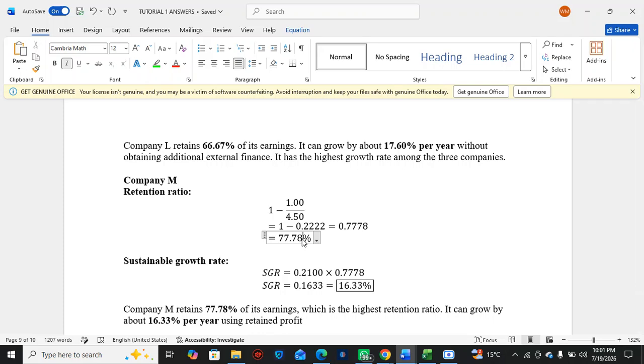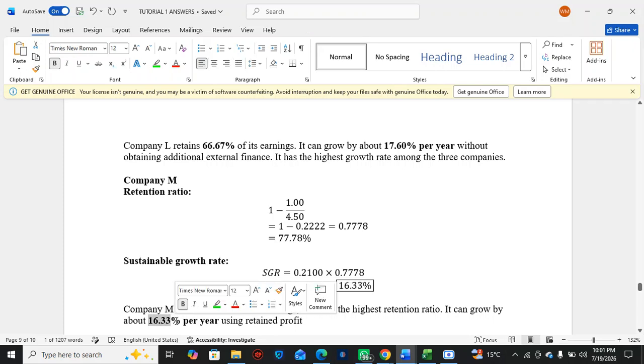The sustainable growth rate: return on equity, 0.21, multiplied by 0.778, the retention ratio, gives you 16.33%. So company M, if it uses its profits only, can grow at the rate of 16.33% per year.